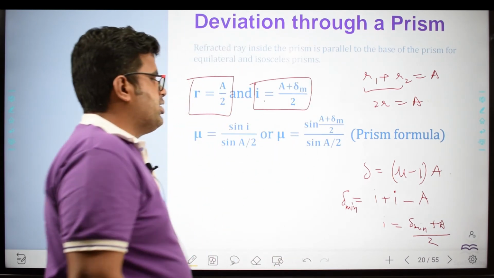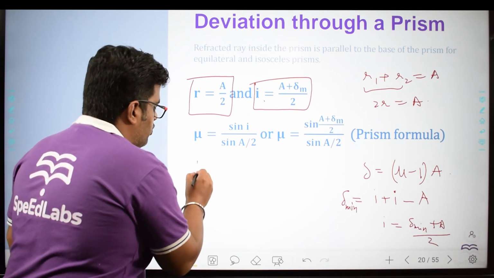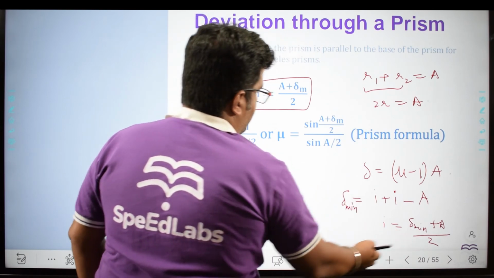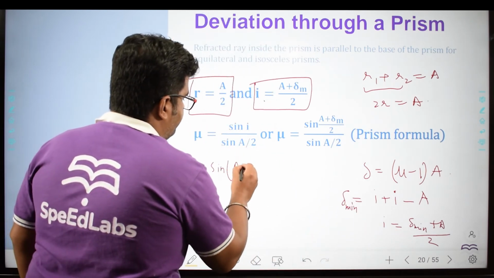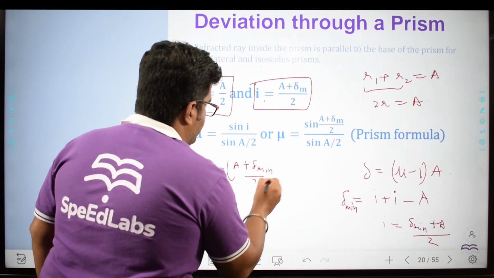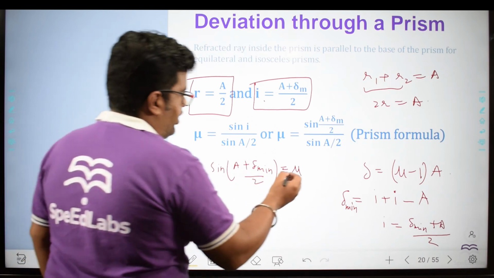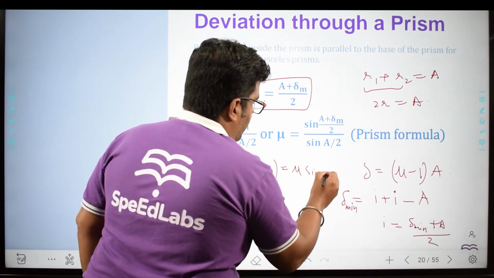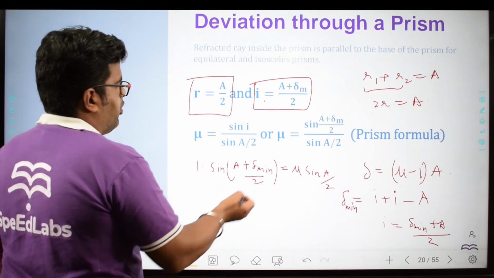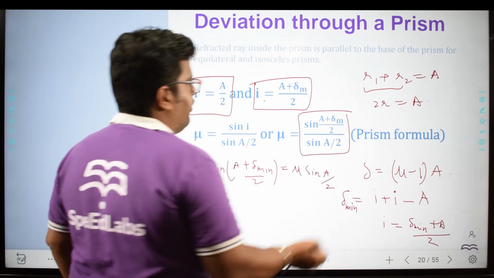Now when you apply Snell's law, so what is Snell's law? It is going to be 1 into sine I, and I is basically A plus delta min upon 2, and that equals mu into sine R. And what is sine R? It is sine of A by 2. So from here we get the prism formula, which is mu equals sine of (A plus delta min) upon 2 upon sine of A by 2.